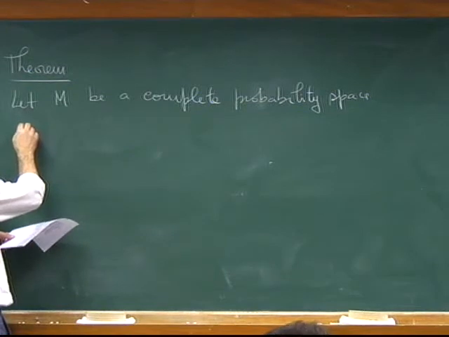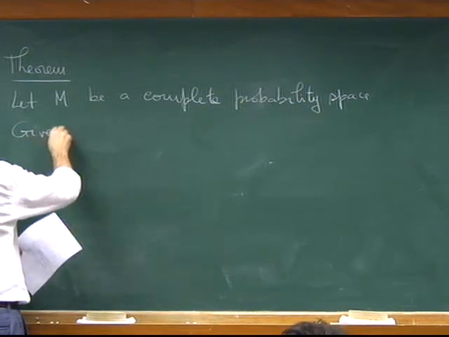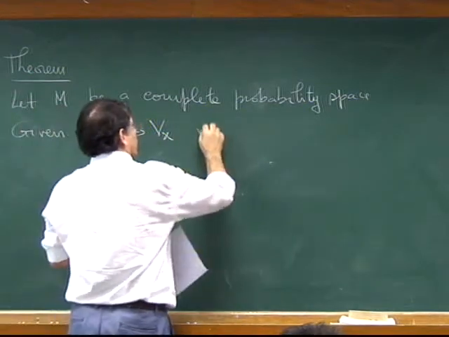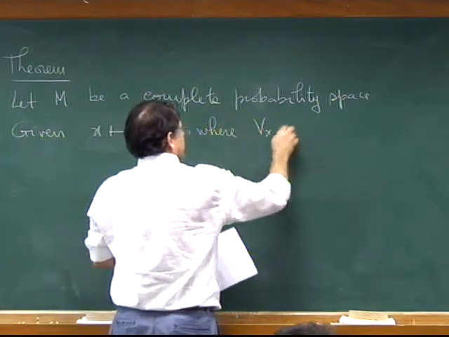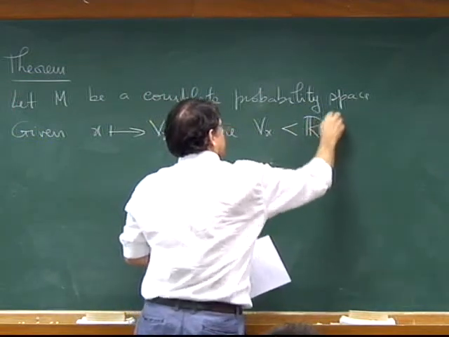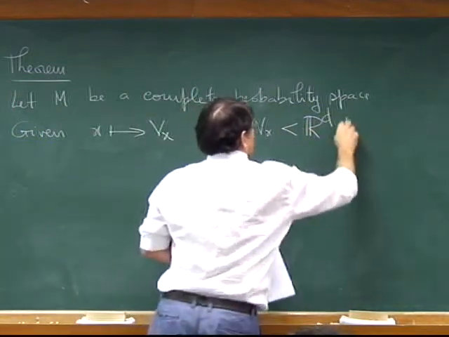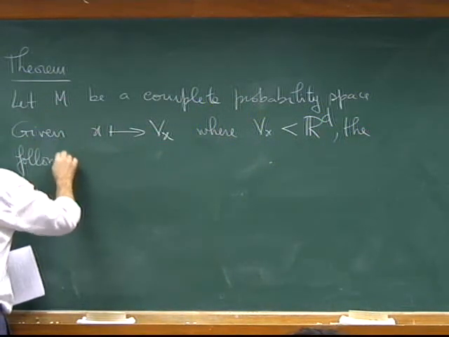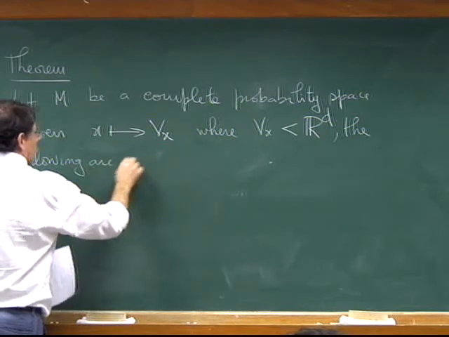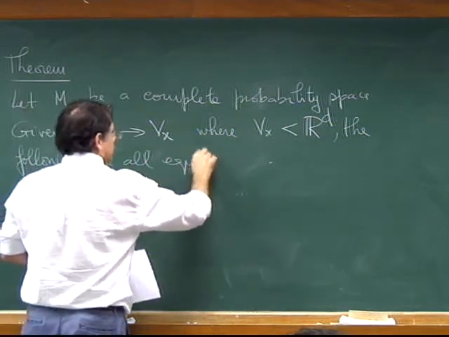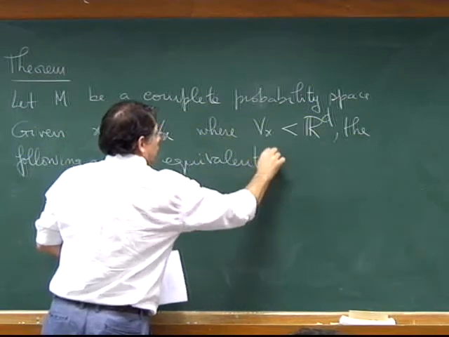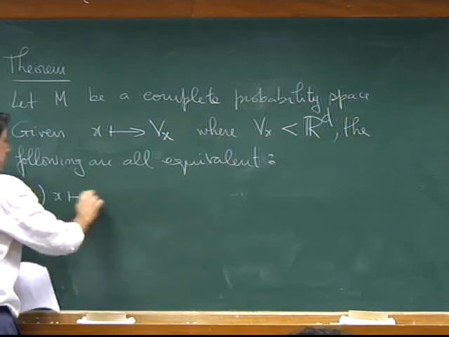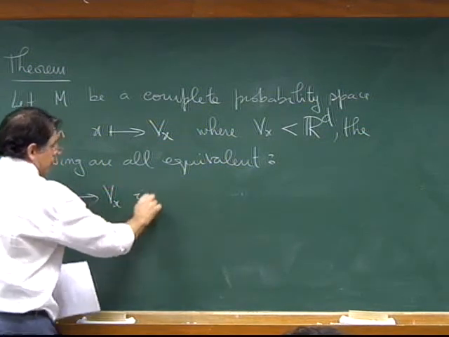So given a map X to Vx, where Vx is a subspace of Rd, the following are all equivalent. The map X to Vx is measurable.